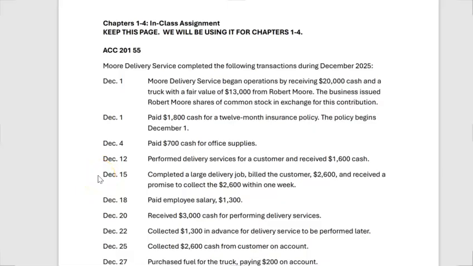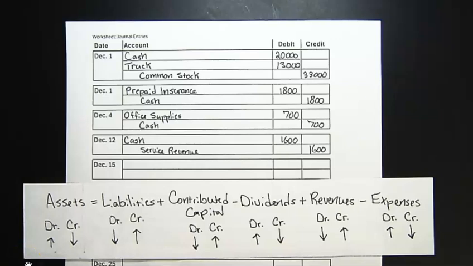On December 15th, we completed a large delivery job and billed the customer $2,600. And received a promise to collect the $2,600 within 1 week. We did not receive any cash for this transaction because the customer hasn't paid us yet. Instead, what we receive is a promise to pay.